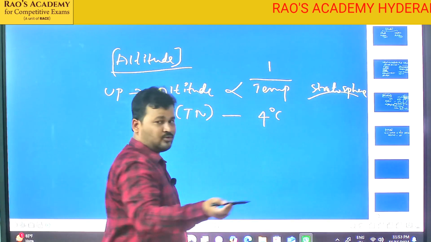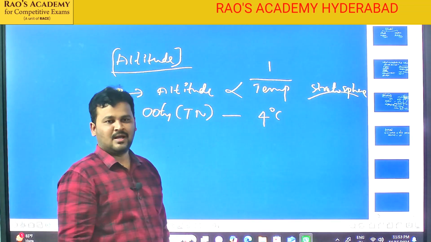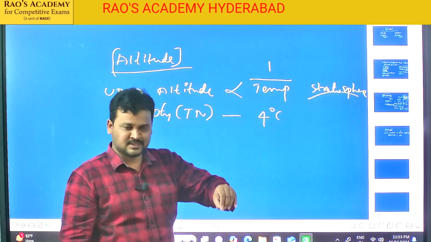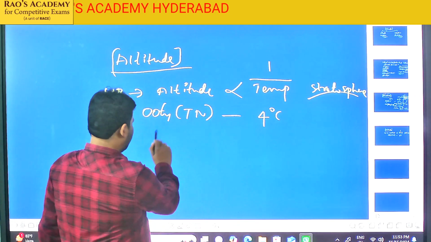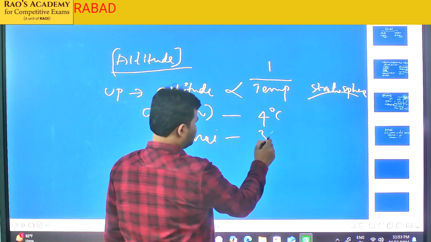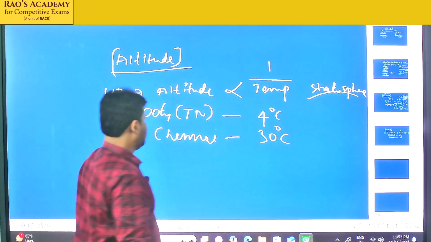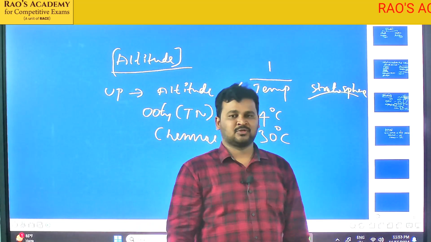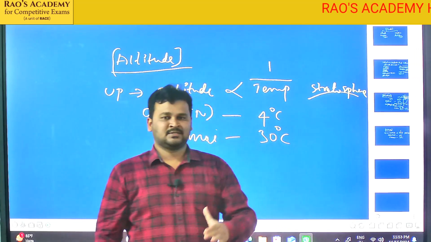Sometimes it may go to negative temperatures. If you observe the temperature in Chennai, in the same Tamil Nadu, you can witness almost 30 degrees centigrade. Ooty as well as Chennai are very near places, and they also belong to the Tamil Nadu state. Their temperatures are varying.